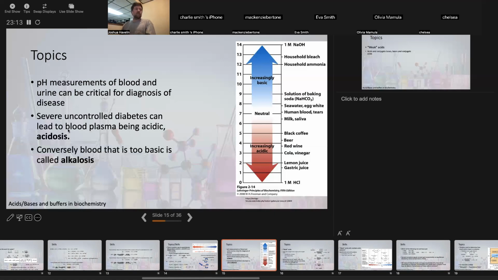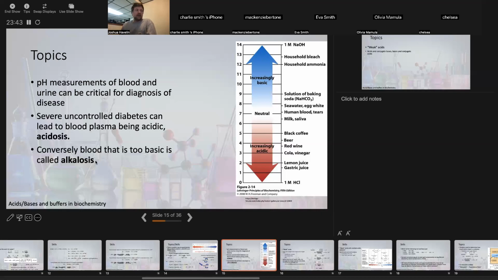So basically, if your blood is too acidic, we call that acidosis, right? And this can happen in severe uncontrolled diabetes. It can happen if you have metabolic syndrome issues. Severe exercise can actually cause your blood to become more acidic. But if everything's working the way it's supposed to, that can be regulated and controlled. And then conversely, if your blood is too basic, that's referred to as alkalosis, right?